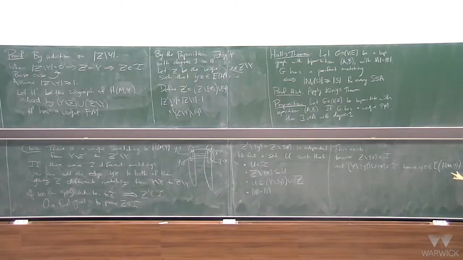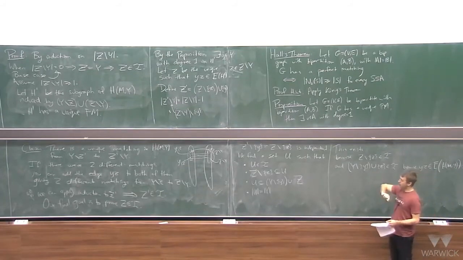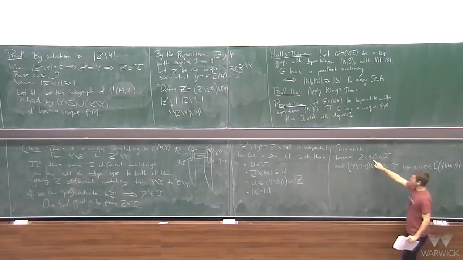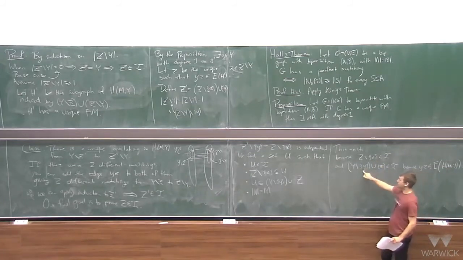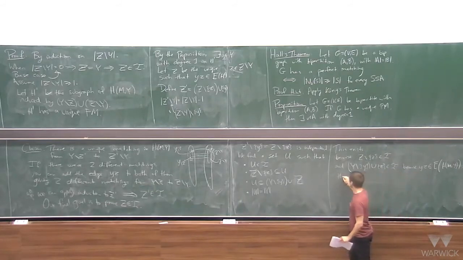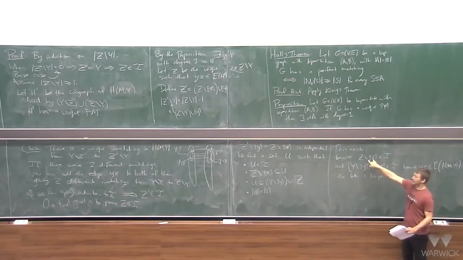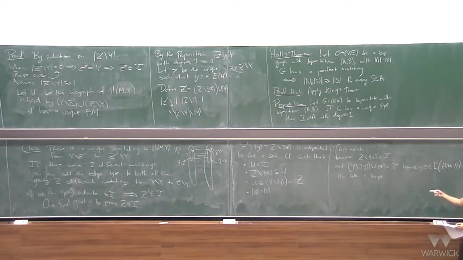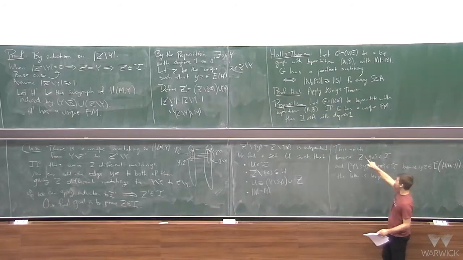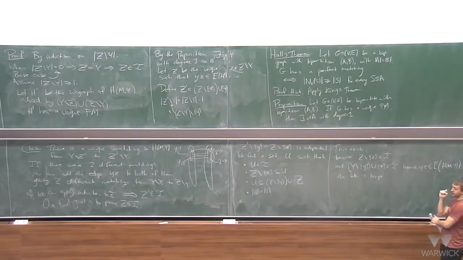Right? The edges of this bipartite graph say that if yz is an edge, it means I'm able to remove y and add z and maintain independence. So this is an independent set, and this is an independent set, and this one is bigger than that one. The latter one is larger because it has size Y. This has size Y minus 1 because Z is the same size as Y. So there's some element I can remove from this one and add into that one and maintain independence.